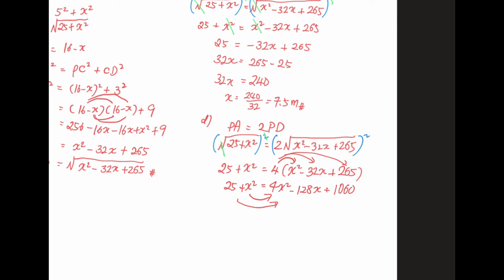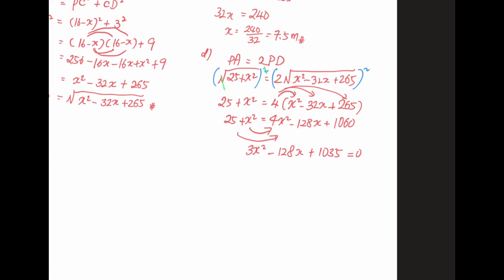So 4x squared minus x squared, I will get 3x squared. Minus 128x remain. And then when I shift 25 over, I have to minus 25. So I will have 1060 minus 25. So I will get 1035. And we have to use quadratics formula to solve this.